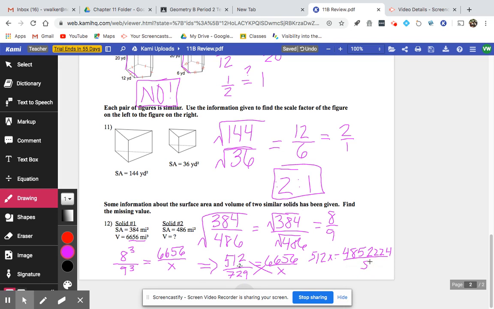Divide each side by 512. And that'll get you your value for x. So x is equal to 9,477 miles cubed.